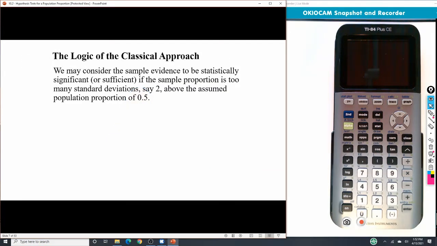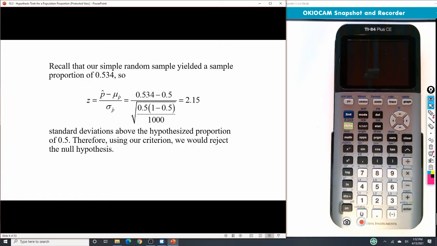Now for a classical approach, we can consider that too many standard deviations is going to be 2. So anything greater than 2 standard deviations away from the mean, we're going to say is statistically significant. When we put that in here, we see that our z-value is 2.15.